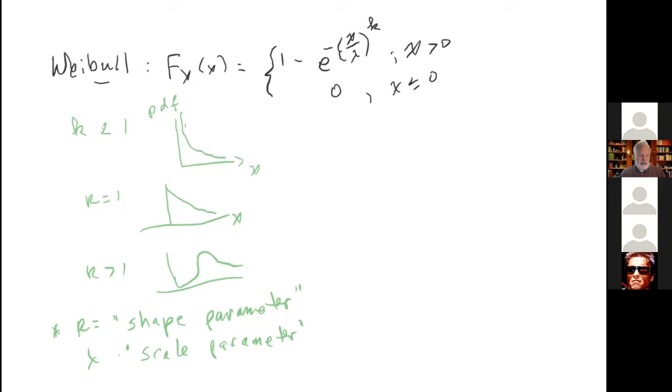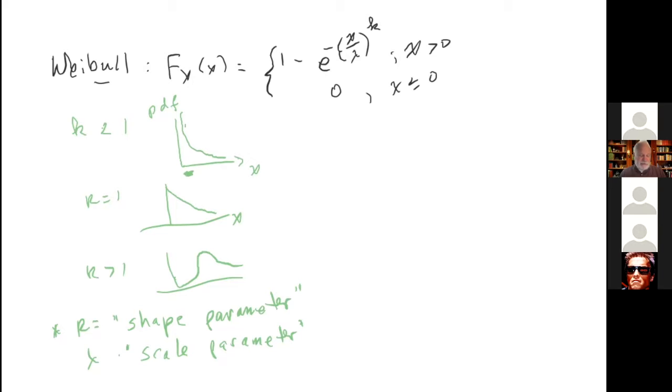That is, if k is less than 1, there's a tremendous amount of probability right near the origin. I haven't drawn this quite to scale. It actually takes a huge dip, and most of the variates will be down here. We'll see this when we start generating them.